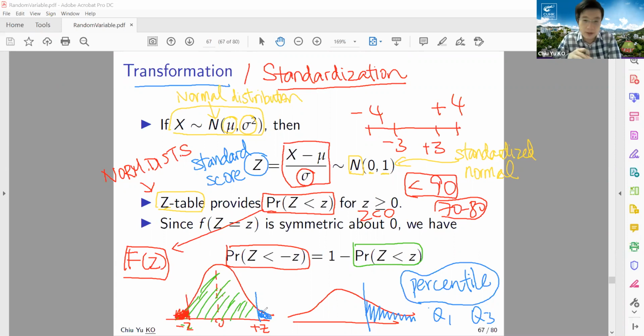But for our purpose, you don't need to worry about this too much because Excel will give you all the calculation you need. But just in case you check the book and don't have Excel at hand, then you need to remember: 1 minus green is blue, but blue is the same as red.